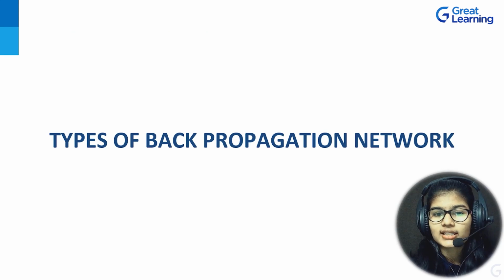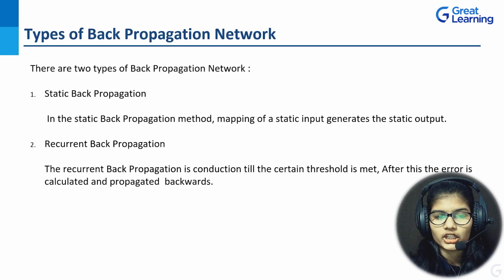Then we learned about the types of backpropagation network. We discussed two types: first, static backpropagation, and second, recurrent backpropagation. In the static backpropagation method, mapping of a static input generates a static output.